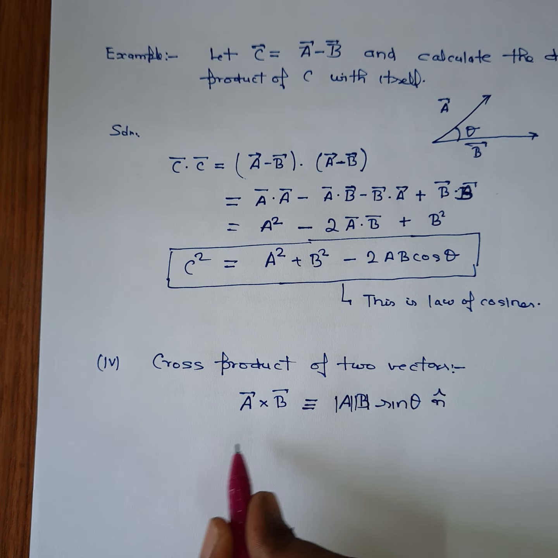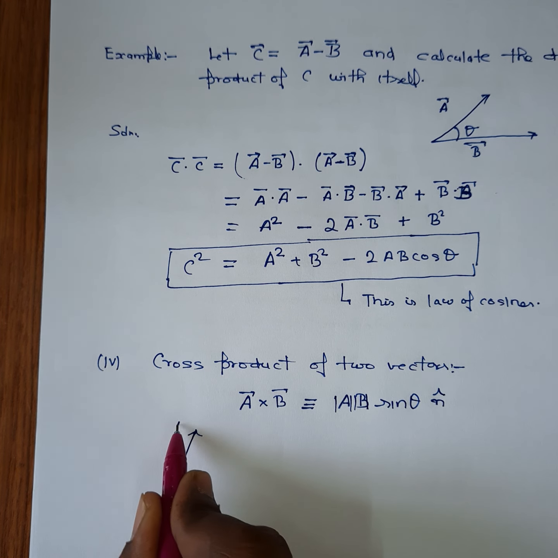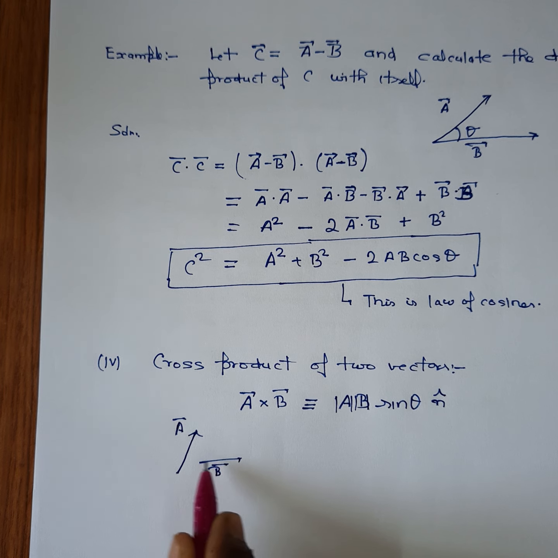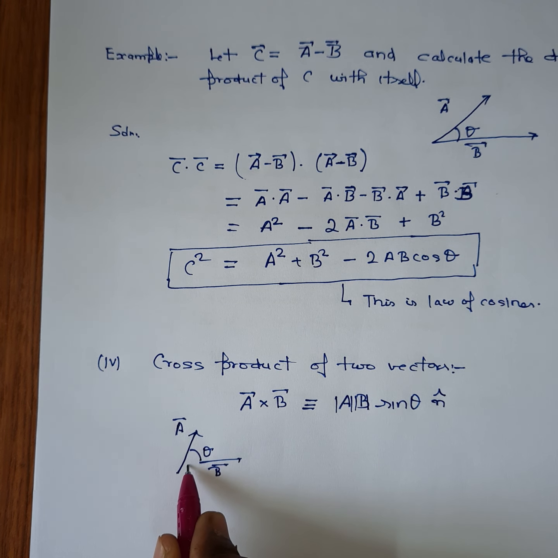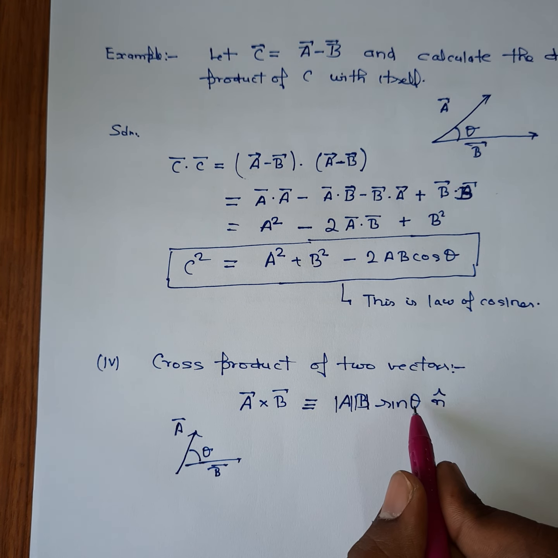So if there are two vectors, suppose this is A vector and this is B vector, there will be some angle between them, and this angle is theta.